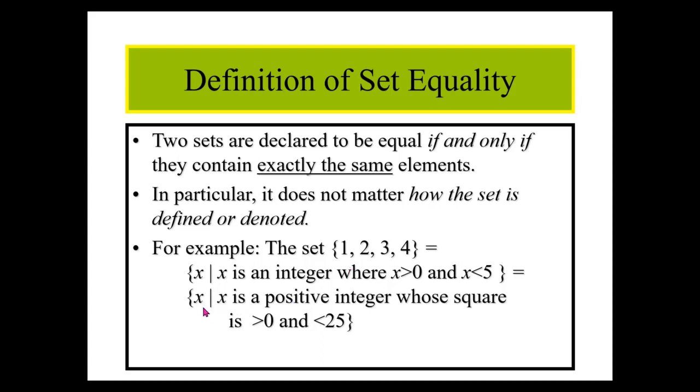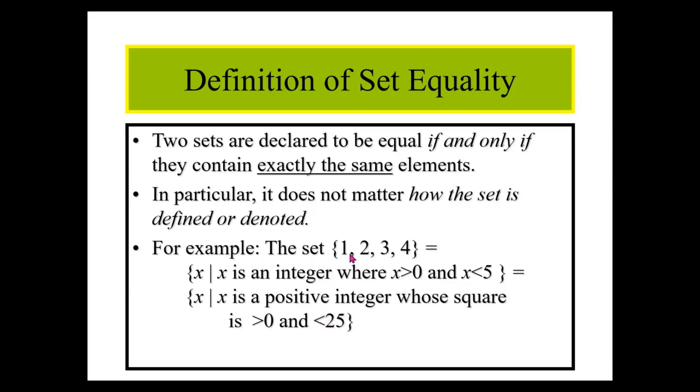Alright, let us consider one more set here. What is that set? x is a positive integer whose square is greater than 0 and less than 25. Then obviously we will get 1, 2, 3, 4. Square of 1 is 1, square of 2 is 4, square of 3 is 9, square of 4 is 16.